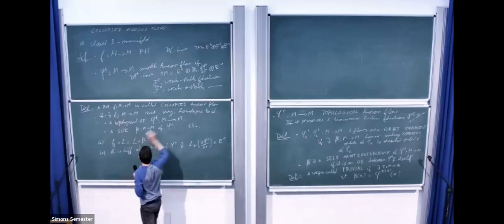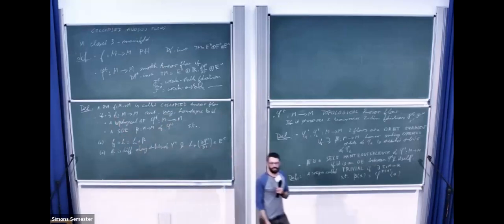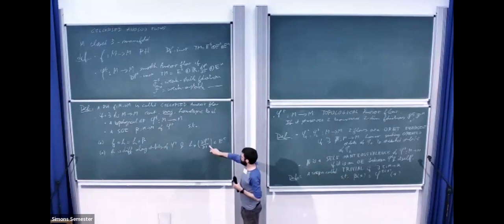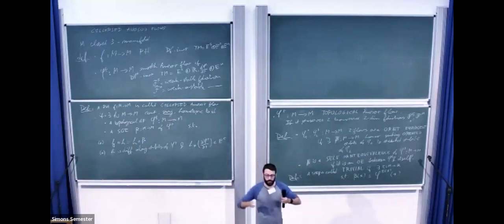H is surjective, but not necessarily injective. So H can collapse several orbits of the flow. No, not in this, it's transversally.